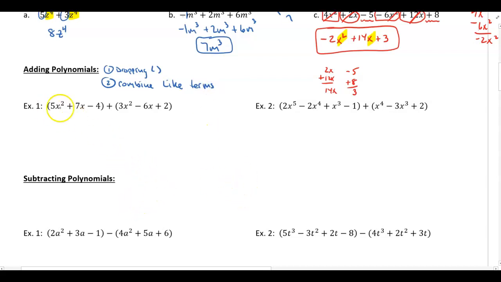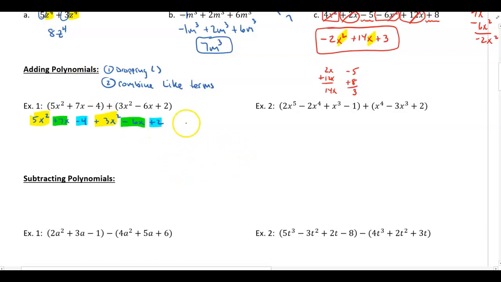So right away I drop the parentheses and I get 5x squared plus 7x minus 4 plus 3x squared minus 6x plus 2. When I go to combine like terms, 5x squared can be combined with positive 3x squared. Then 7x combines with negative 6x, and then negative 4 combines with 2.